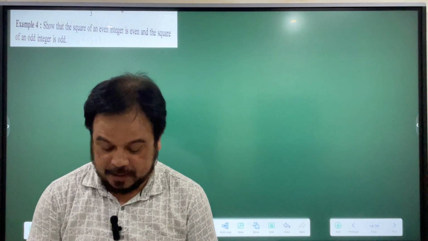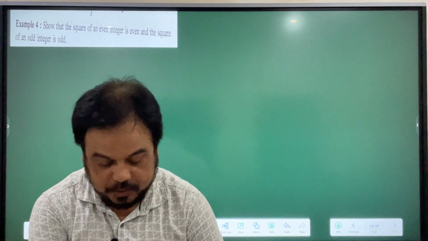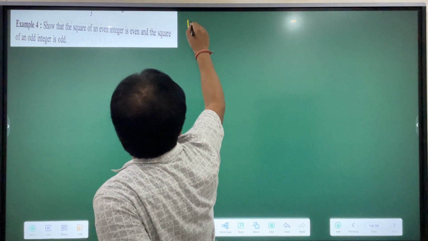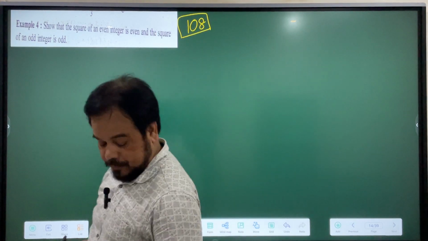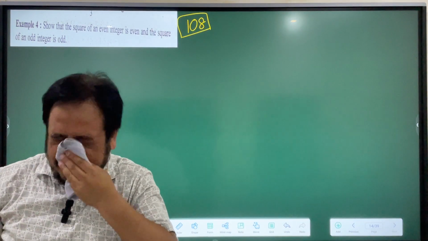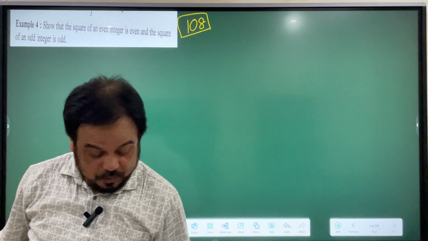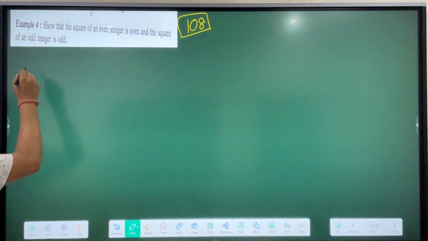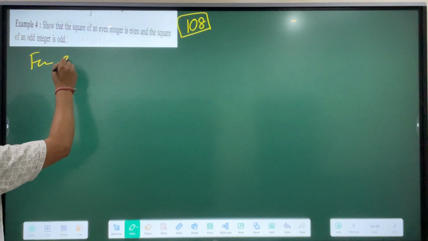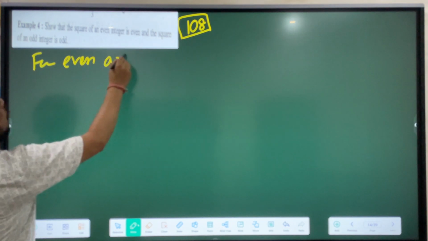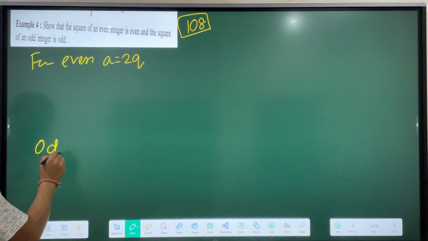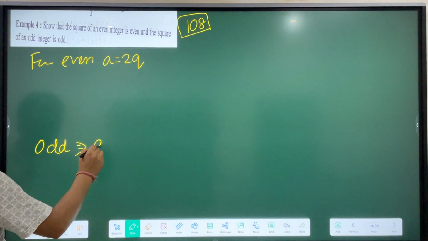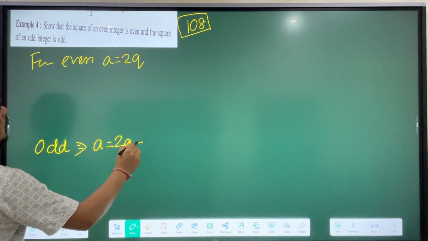You will see page number 108, then you can recall what is there. So for even we know a is equal to 2q, and for odd we know a is equal to 2q plus 1.